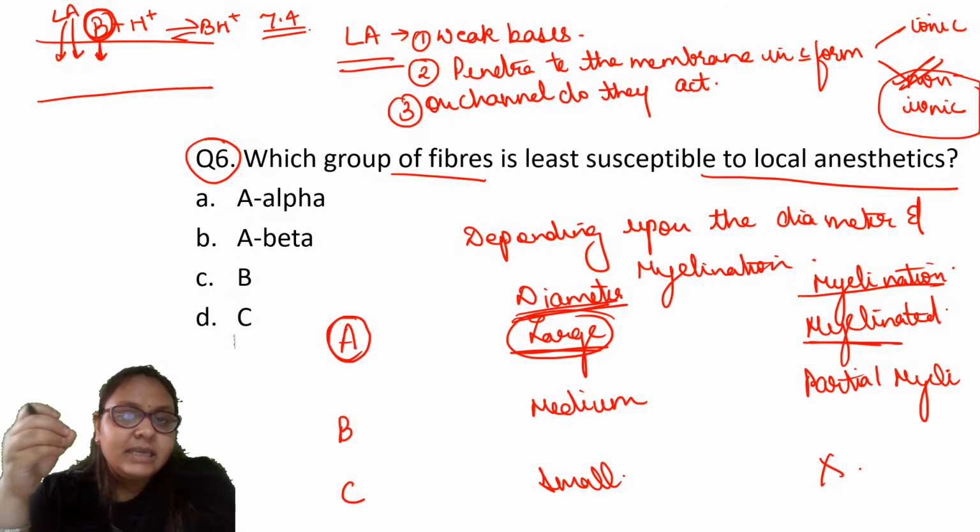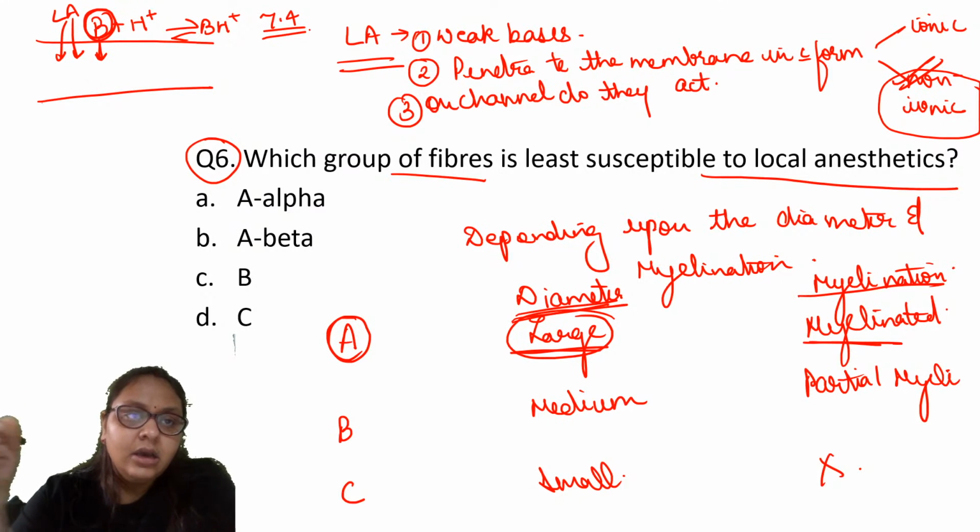Is it potassium, calcium, magnesium, or sodium? Dr. Kunal, Dr. Siva, what should be the answer? I'm just revising the local anesthetics with you. On which channel do they act? Please reply to this question.